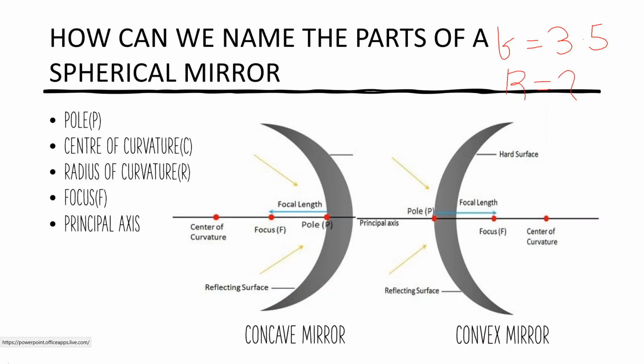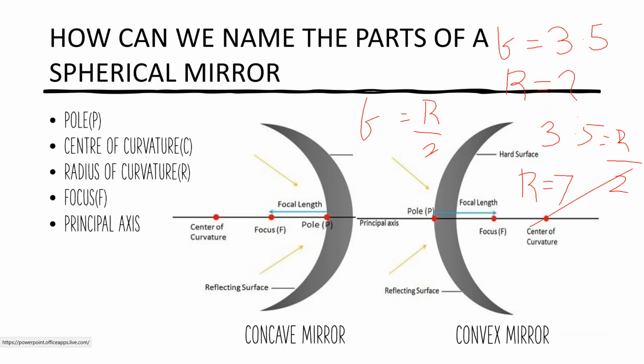Then what do you do? You know that focal length is equal to r by 2. 3.5 is equal to r by 2, and r is equal to 7. And full marks for answering it.